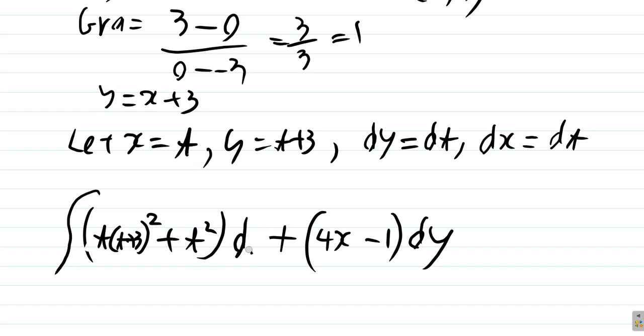Dx is dt. So this is dt plus 4 times x, but x is t, so 4 times x changes to 4 times t, minus 1 dy, but dy is equal to dt. So you write dt there. You see that?